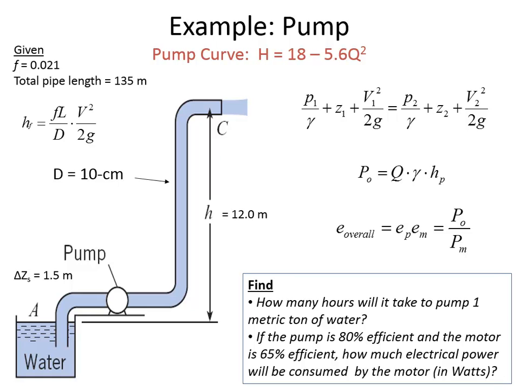All right. So efficiency. We need to find the overall efficiency, and we can do that with 0.8 for the pump and 0.65 for the motor, and that gives us a combined efficiency of 0.52. Okay, the power equation: power is the flow rate times the unit weight times the pump head.